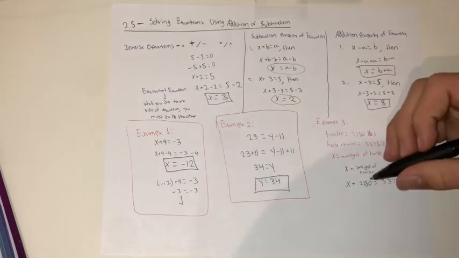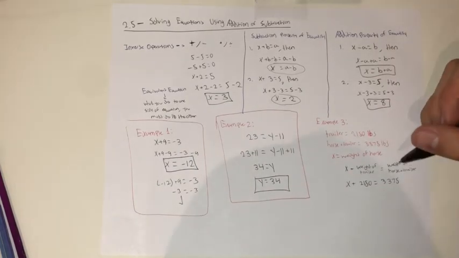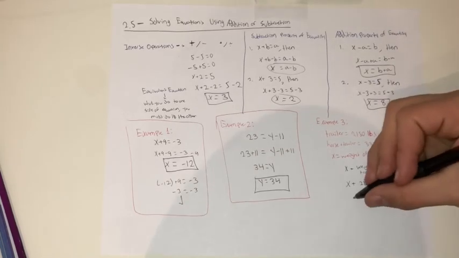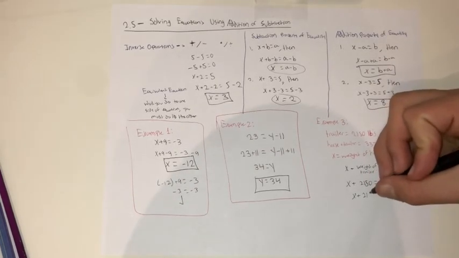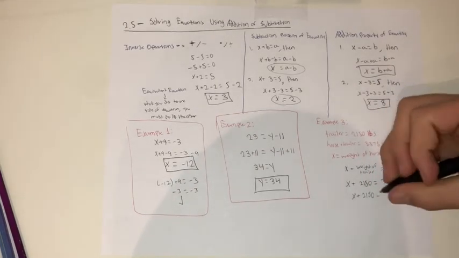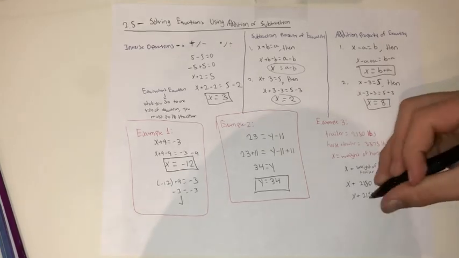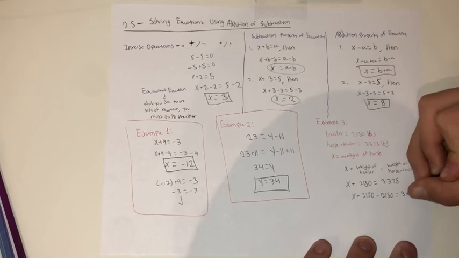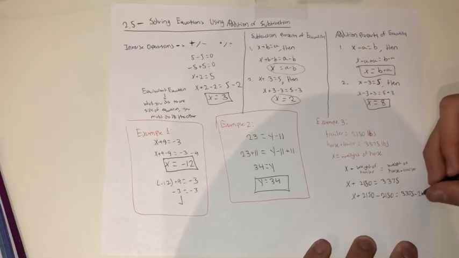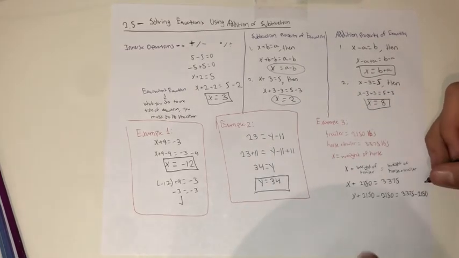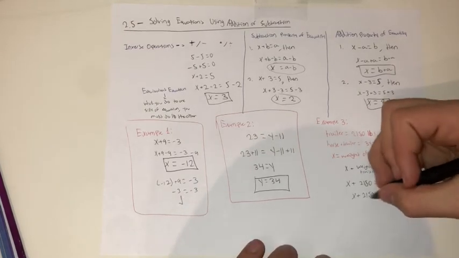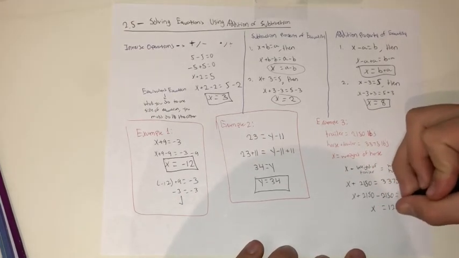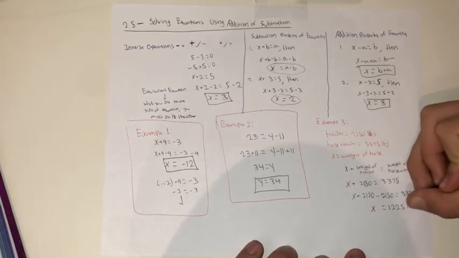Now we have to solve for x, so we have to use the subtraction property of equality to do x plus 2,150 minus 2,150 to get x alone equals 3,375 minus 2,150. So after doing this, these two cancel out, so we get x equals 1,225 pounds.